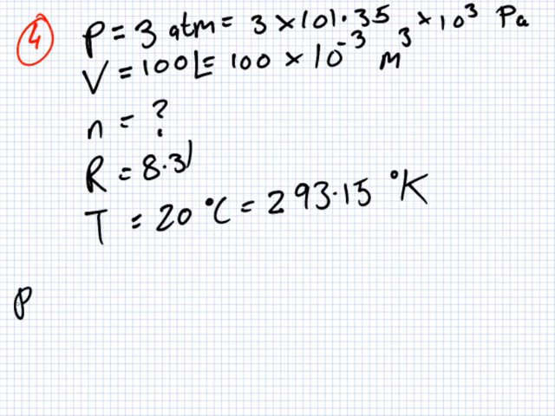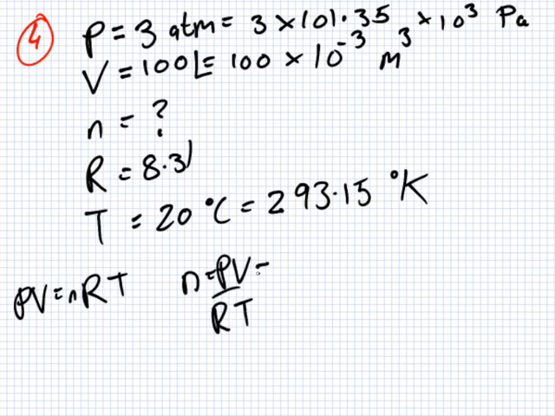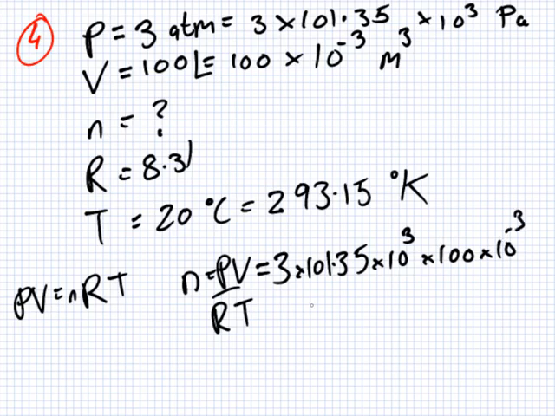Okay, so PV equals nRT. So n equals PV over RT. So that would be 3 times 101.35 times 10 to the 3 times 100 times 10 to the minus 3 over 8.31 times 293.15.